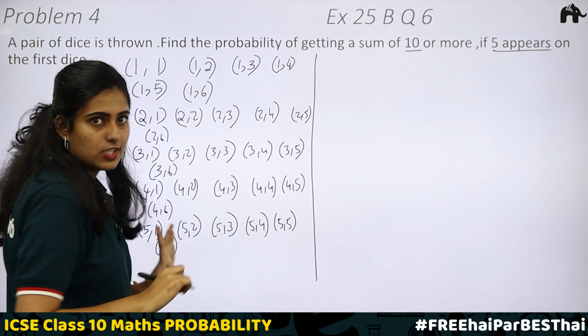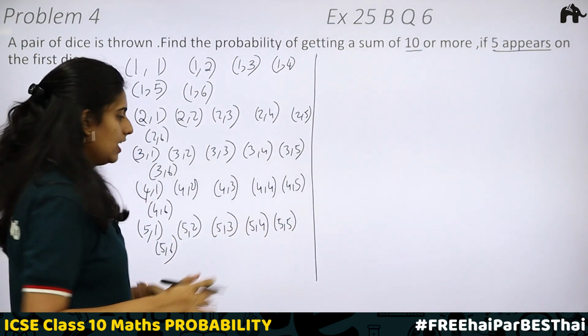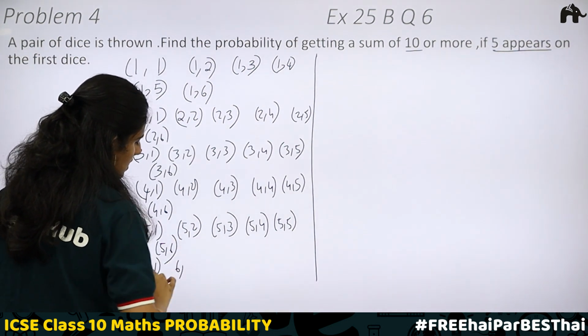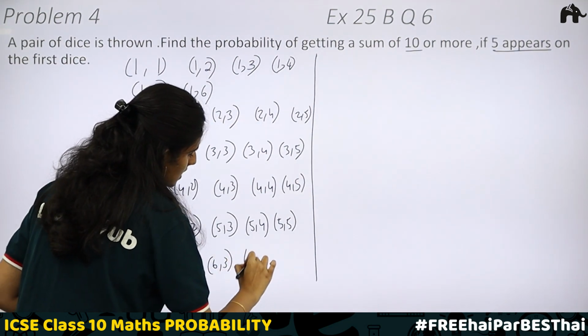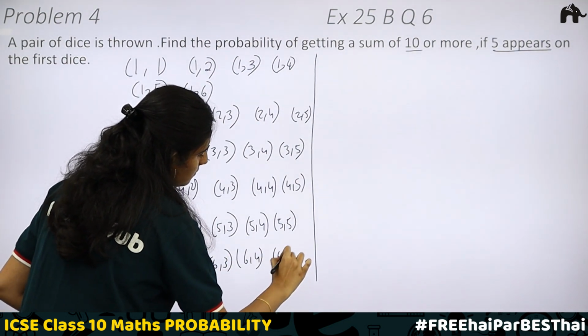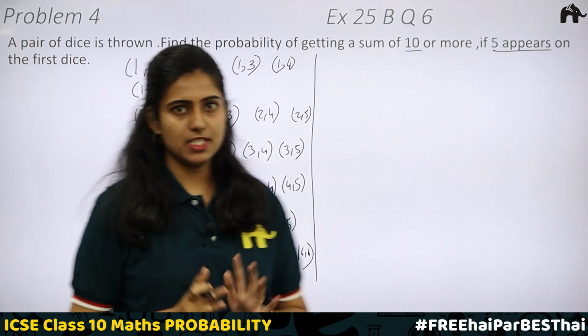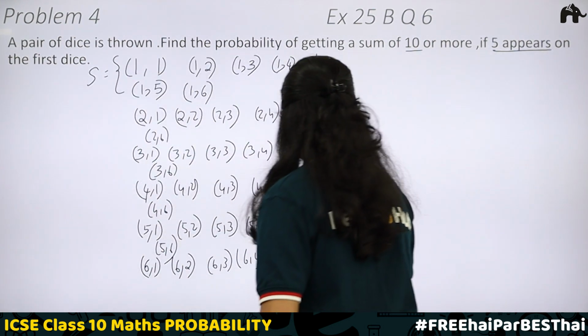Okay, 5 on the first die and on the second die you are getting 1, 2, 3, 4, 5, 6, anything. Okay, now 6 on the first die, 1 on the second die, 6 on first, 2 on second, 6,3; 6,4; 6,5; 6,6. Okay, so this is the sample space. Okay, this is your sample space.